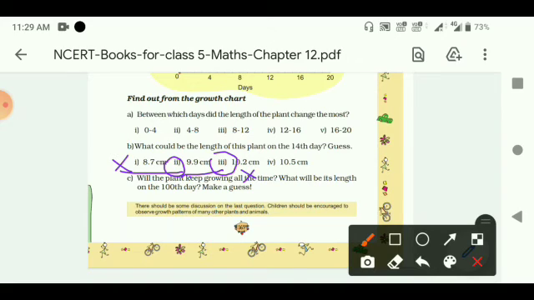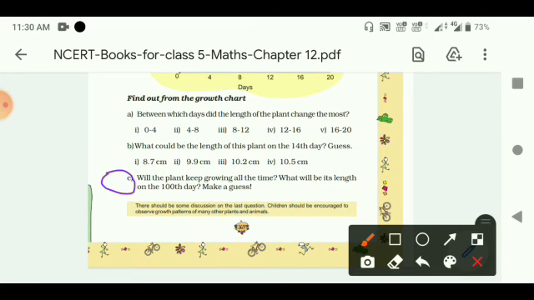So this is also not correct. And the fourth option is 10.5 centimeter. But it grew 10.2 centimeter on the 16th day. So it cannot grow 10.5 centimeter on the 14th day because it should be less than that. So here option 2 is correct, that is 9.9 centimeter.